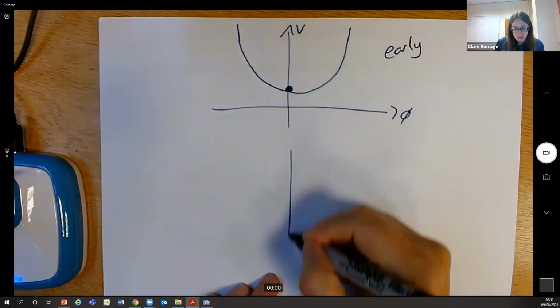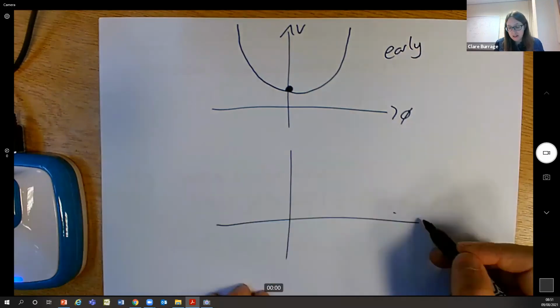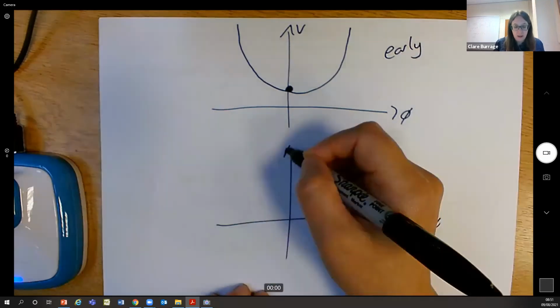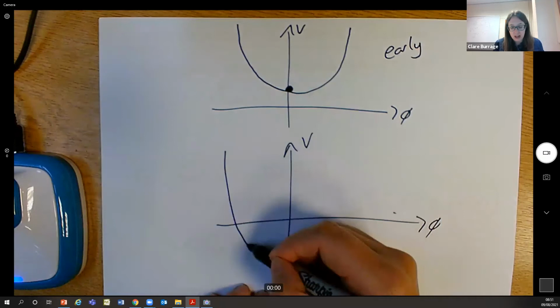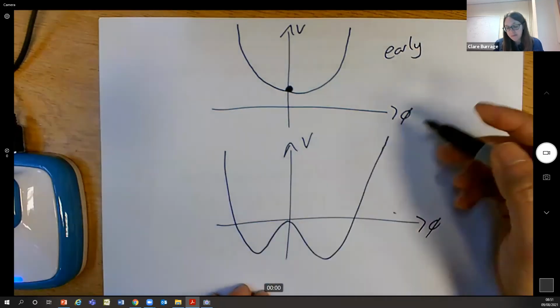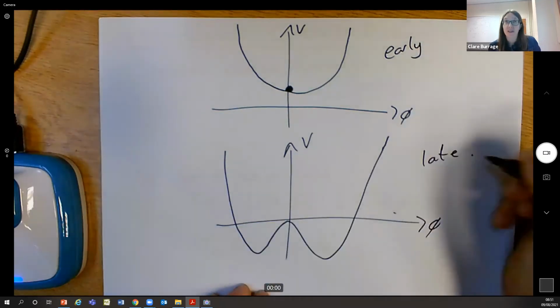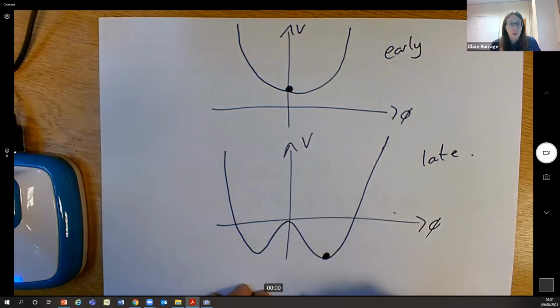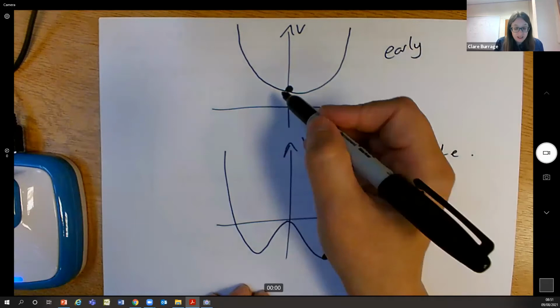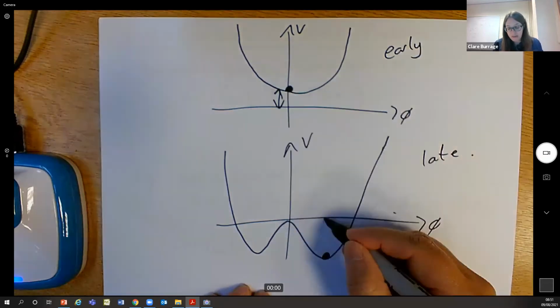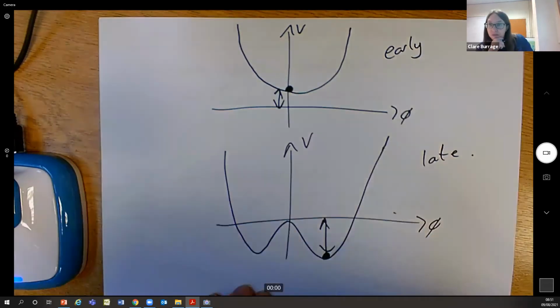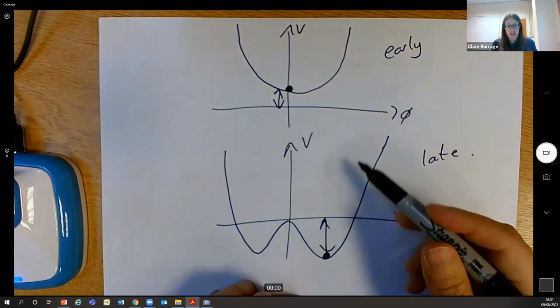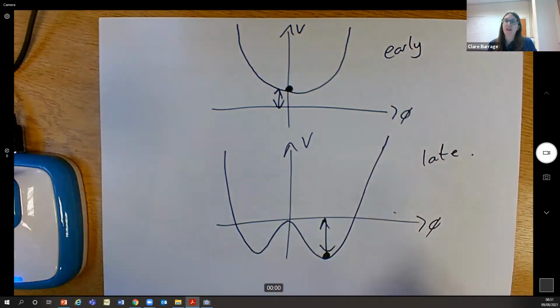And then as time goes on, we undergo a symmetry breaking transition. The potential evolves, and now the field is sat down here at some other value, but also importantly, some different amount of V min, if evaluated at the minimum.